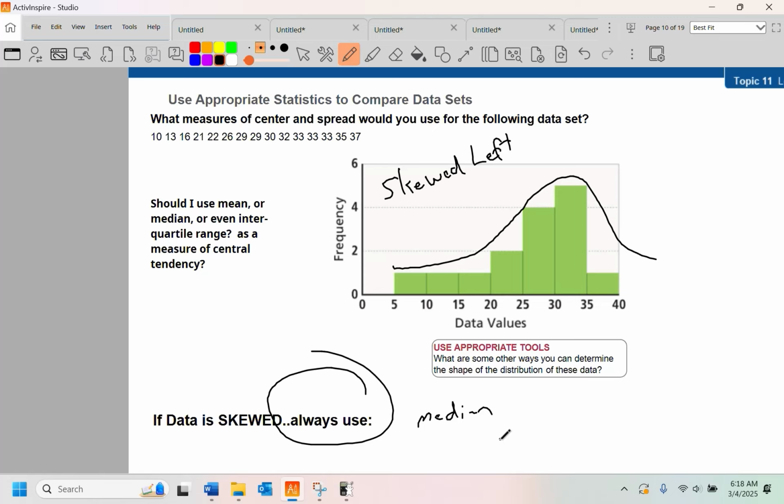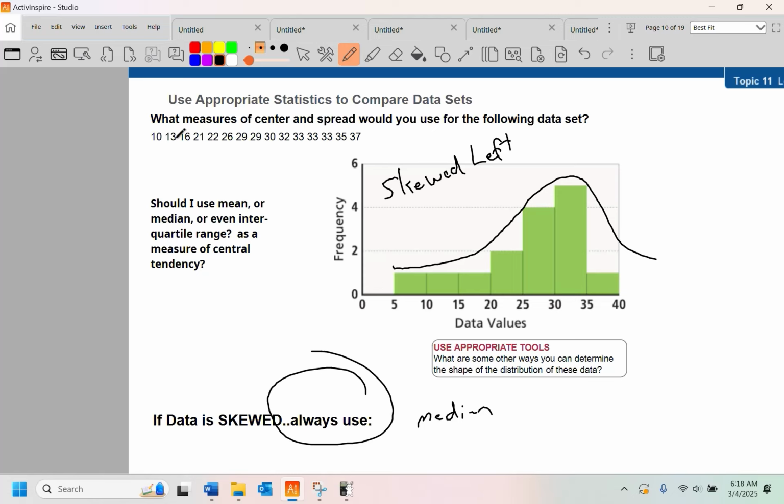Now, I believe that this data has been laid out for me. Let's see, we got 2, 4, 6, 8, 10, 12, 14, 15. So I need to find the middle. I think it's 29. 1, 2, 3, 4, 5, 6, 7 to the left. 1, 2, 3, 4, 5, 6, 7 to the right. There we go. There's your median. 29 is a good number.